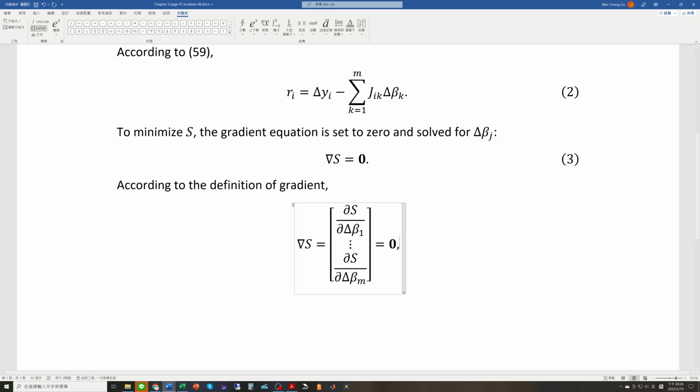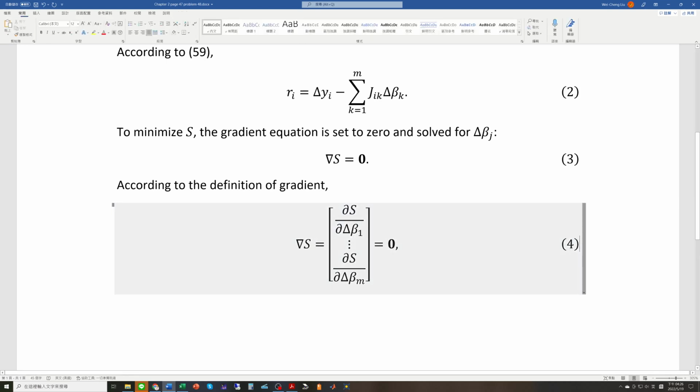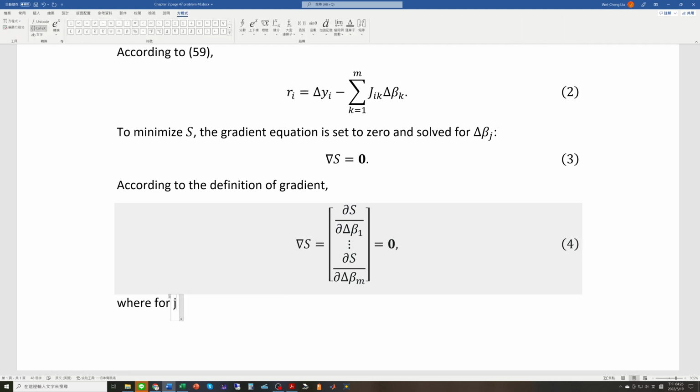So we can see that the gradient of S is an M by 1 vector. And this is equation 4, where j is equal to 1 to M.